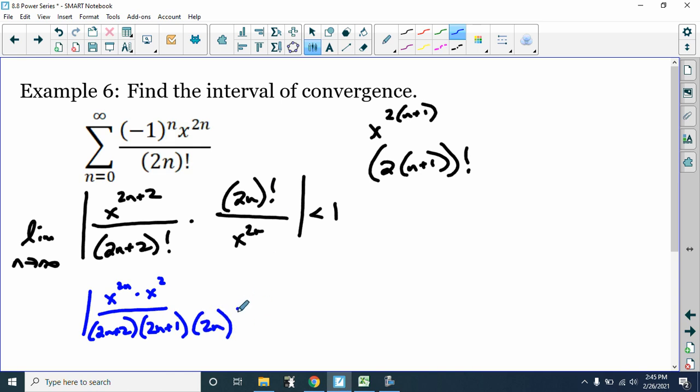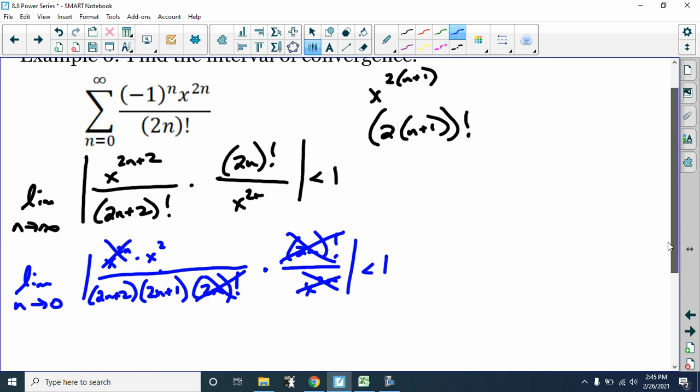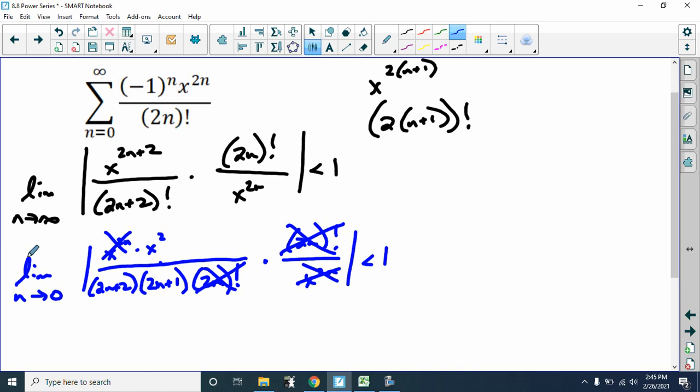Stop there because it's going to then cancel with the 1 in the numerator. x to the 2n's gone. 2n factorials cancel. So I have the limit as n approaches infinity of x squared over (2n plus 2) times the quantity (2n plus 1).